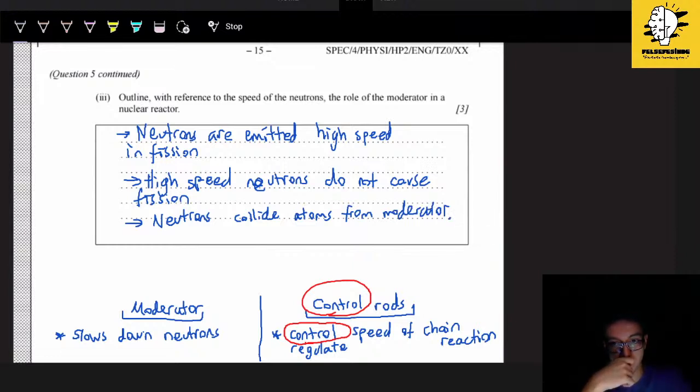If we think in terms of energy conservation, they will lose some of their energy and their speed will be reduced. And they can sustain the chain reaction. That's it. This is actually not a challenging question, but it requires some knowledge. If you know these points, like high-speed neutrons do not cause fission, this is a very important point, then you will be gaining those 3 marks.